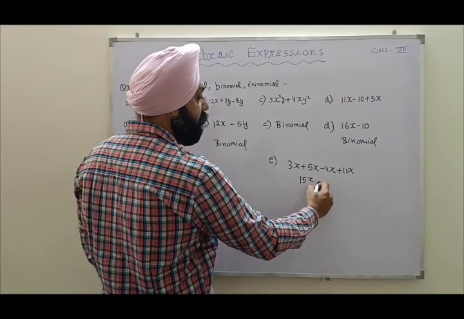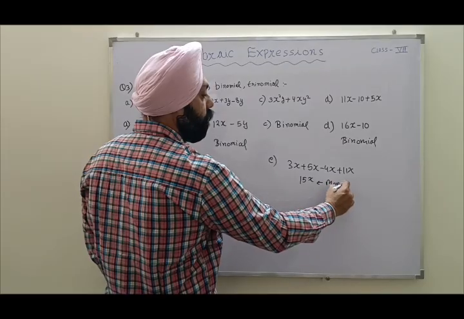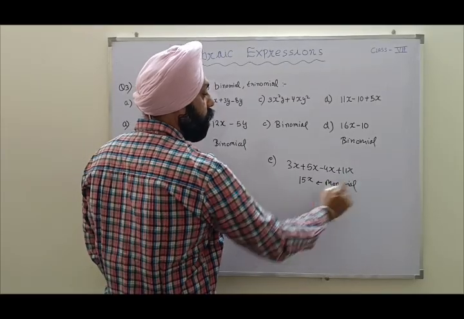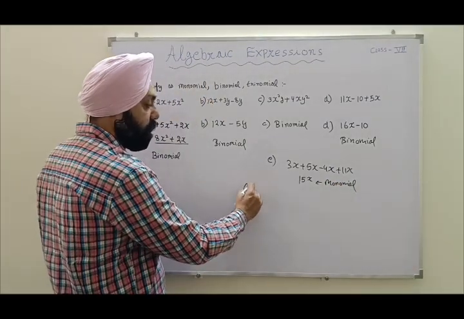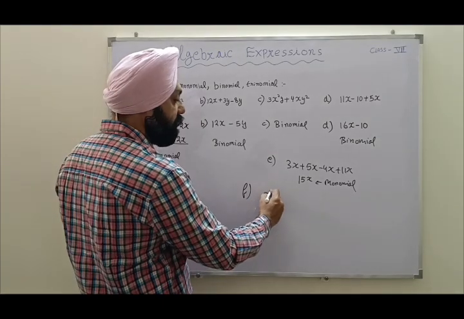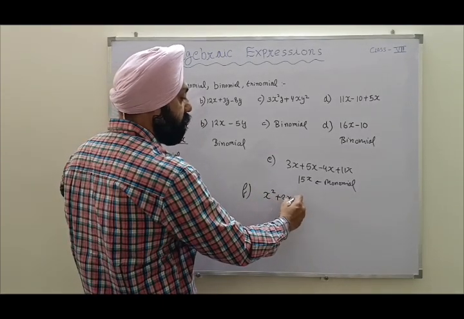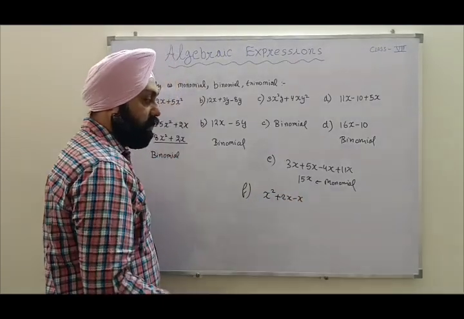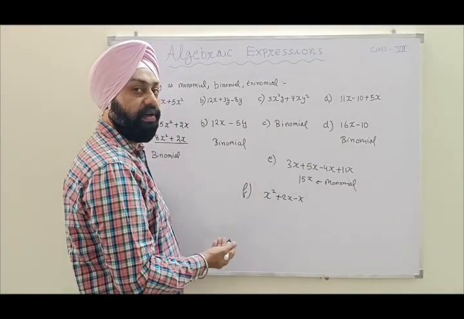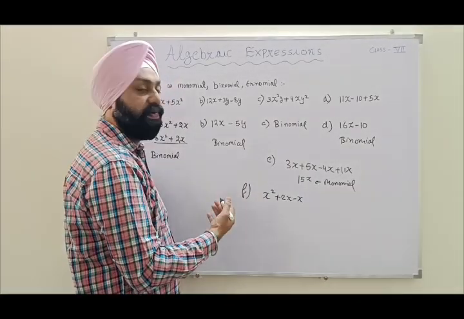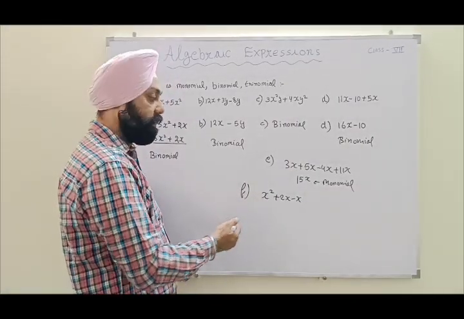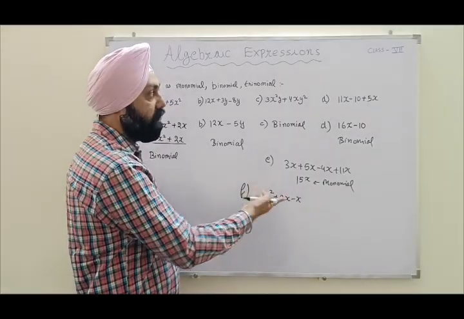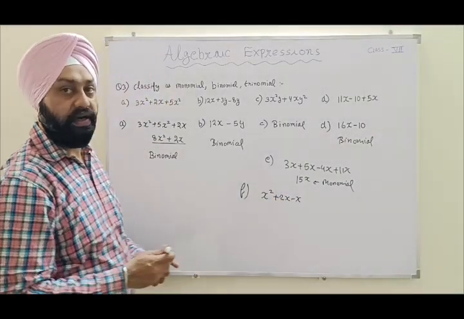So here it is monomial. An example of trinomial can be like x square plus 2x minus x. Variable is same but the power is different. So if the power is different, then the terms become different, and if the unlike terms are 3, then it is a trinomial. So I hope you have understood this.